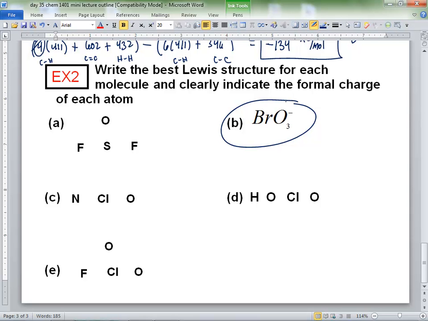Or not 3 times 7, it'd be 2 times 7, right? And then each sulfur is 6 and oxygen is 6.